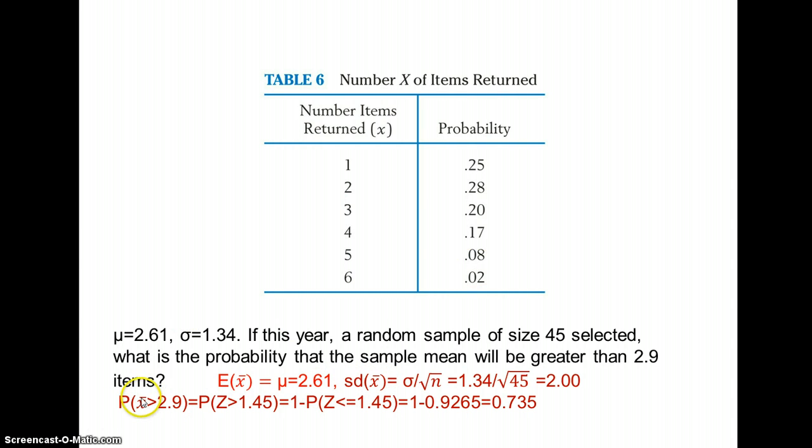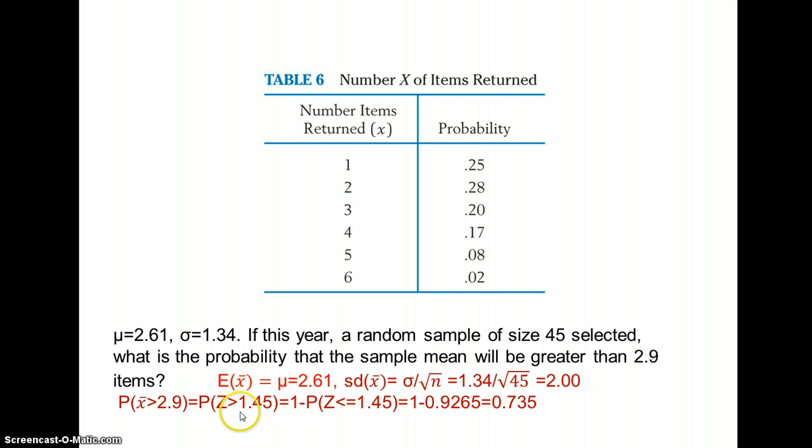So x bar is greater than 2.9. We use the formula z equals the variable minus mu divided by sigma. So I take 2.9, subtract 2.61, and divide by 1.34. That's how I got 1.45.